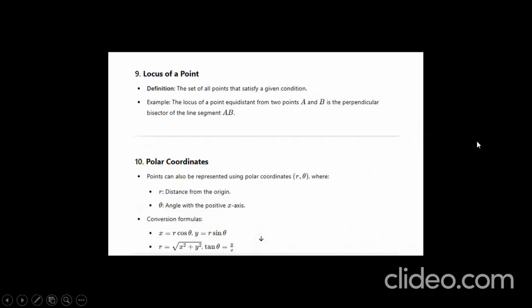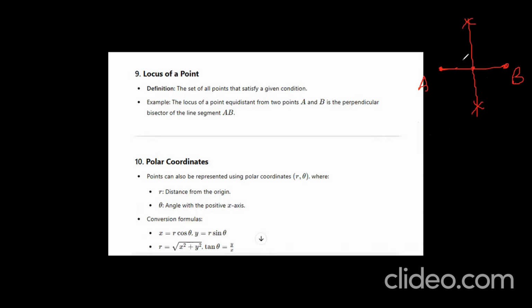Let us observe the next topic, locus. The locus is the set of all points which satisfy some given condition. For example, the locus of a point equidistant from A and B is the perpendicular bisector of the line segment AB. Say I take 2 points, A and B, and draw the perpendicular bisector.